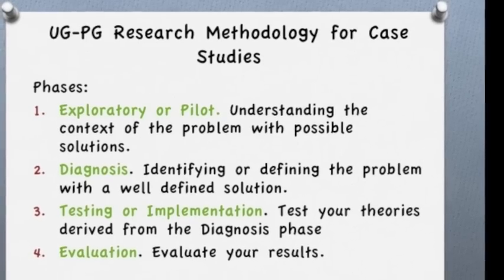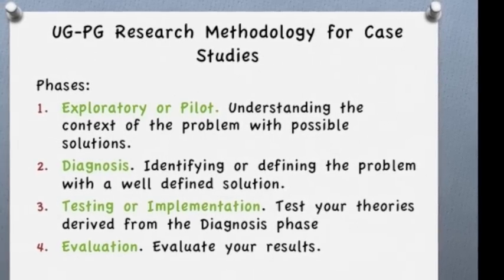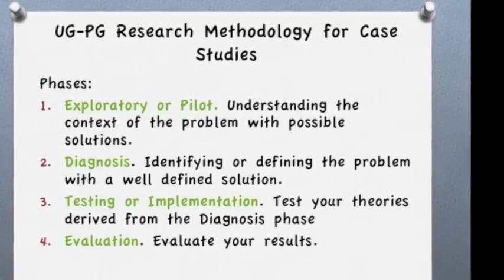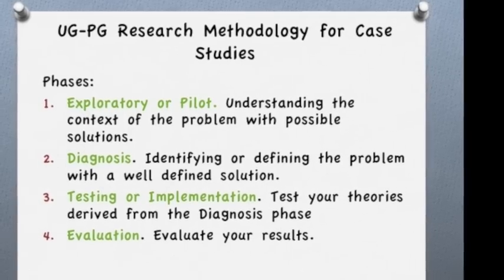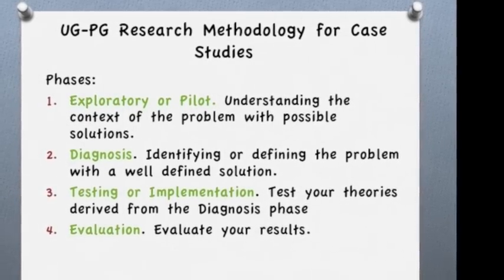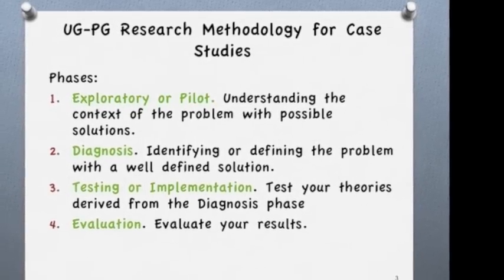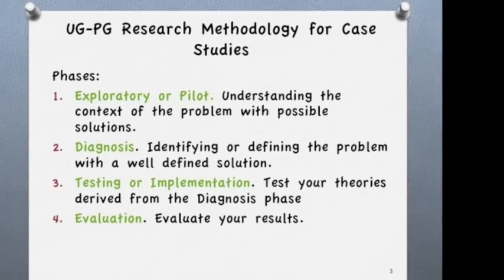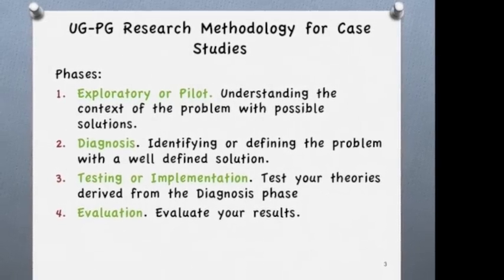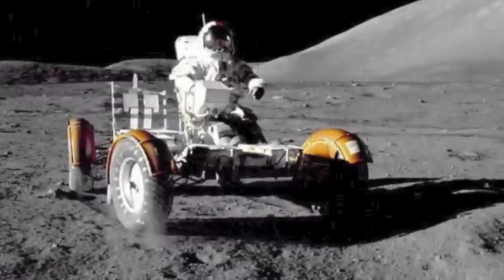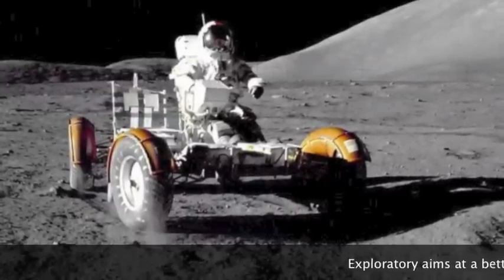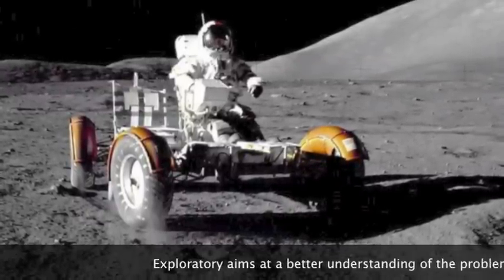This is a methodology because I have a series of steps that, if I follow them, will probably render the same result. This methodology has 4 basic phases, as I call them. The first one we call the exploratory or pilot phase, in which we understand the context of the problem and come up with possible solutions.